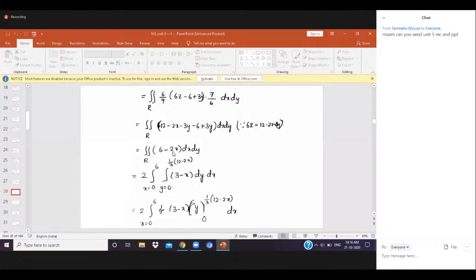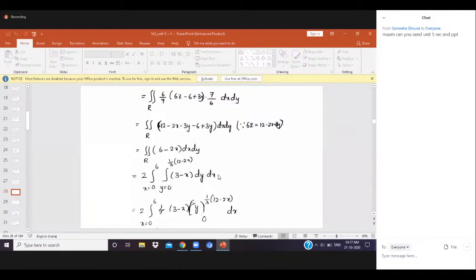Now we are evaluating the integrals, writing lower limit and upper limit: x value from 0 to 6, y value from 0 to 1 by 3 of 12 minus 2x, and inside we are taking 2 common out and writing it outside. Then the inside part becomes 3 minus x dy first, then dx.